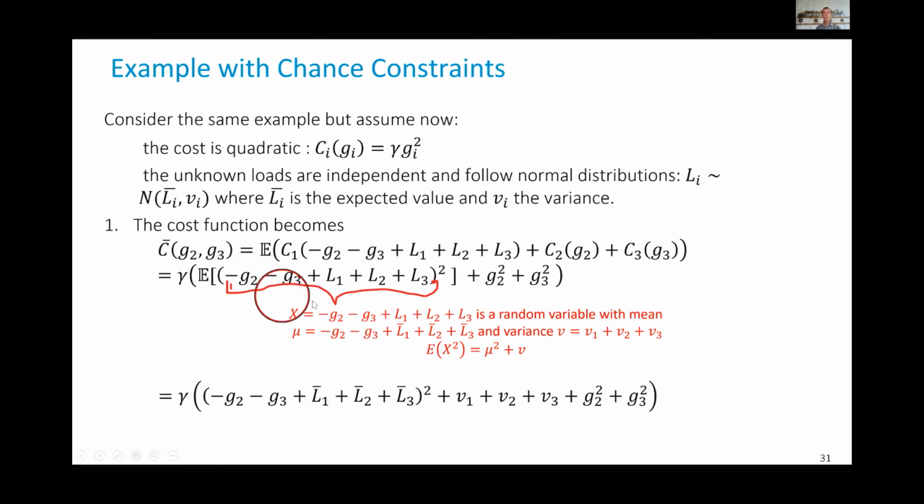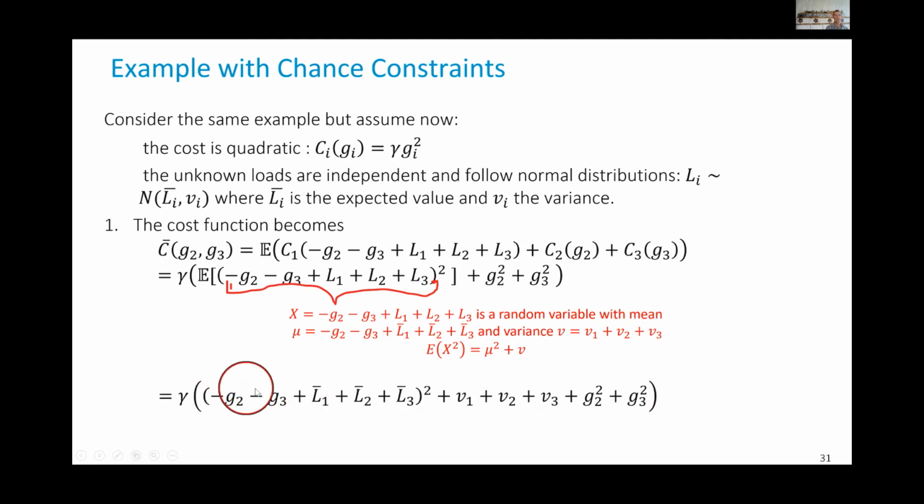And this is the expectation of the square. Now there's a little probability formula that says the expectation of the square of a random variable is equal to the mean squared plus the variance. In fact, that's the definition of the variance of a random variable. To make a long story short, the expectation of this squared is the mean squared plus the variance. So we see that at the end, the cost is given by this formula.